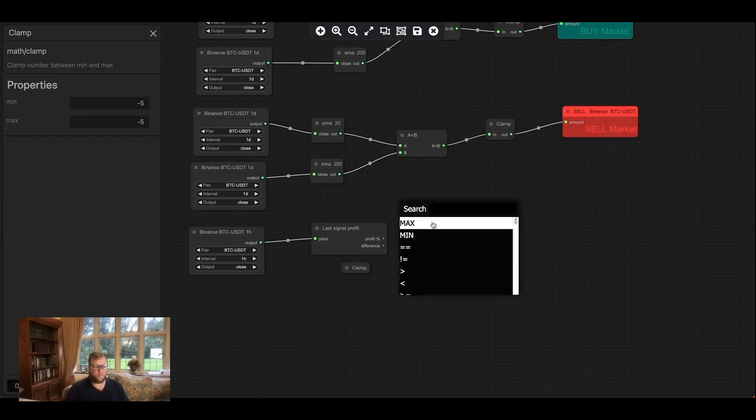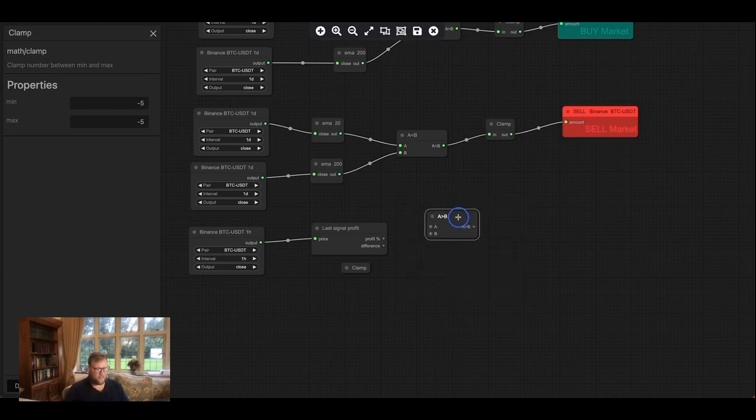And again, it's going to be a simple comparison block. So the difference in the last signal is more than -5.